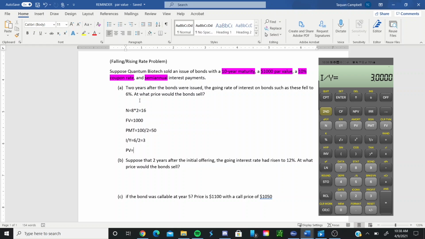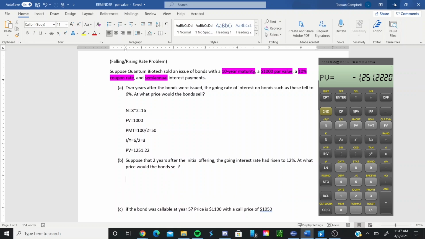Next, hit enter, then compute, and then hit the function we're finding, PV. Then we should get our answer. So the bond will sell for $1,251.22. Easy peasy, very simple. I know it looks like a lot, but it's really easy.